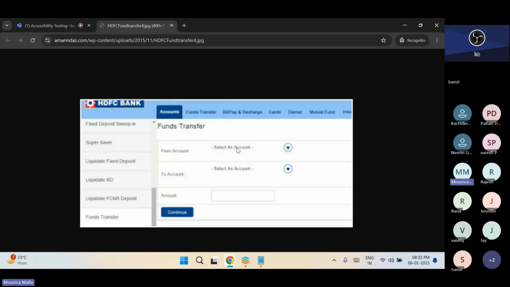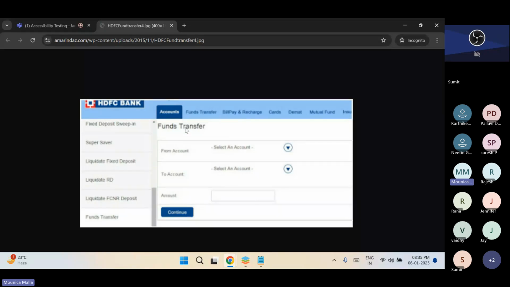If I choose the first drop down as my first account number, immediately a field will come and say your current balance is 10,000. So the user can see that his balance is 10,000. Hence, he will be allowed to enter a number which is less than or equal to 10,000. If you type more than 10,000, immediately it gets alerted in red color, or a message will come here prompting you that you cannot enter an amount which is more than your account balance.